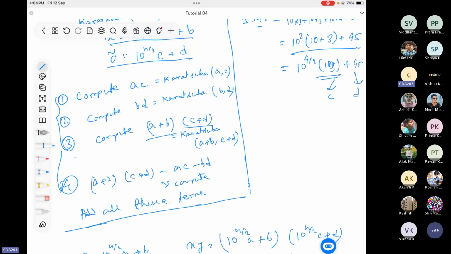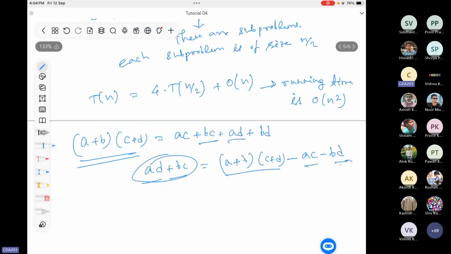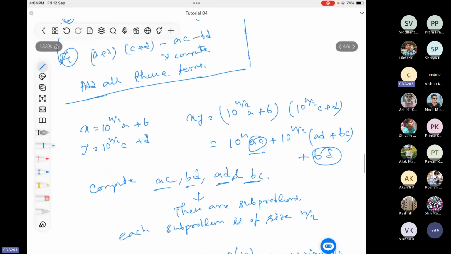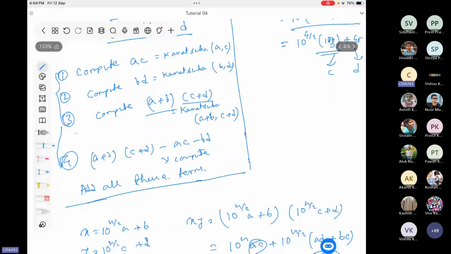Okay, we are computing AC and BD, it's clear why. Why are we computing A plus B and C plus D? Now it's clear, I think, because after computing A plus B, C plus D, we can directly get the value of AD plus BC from step 4.